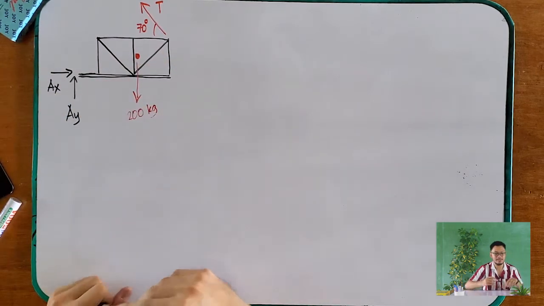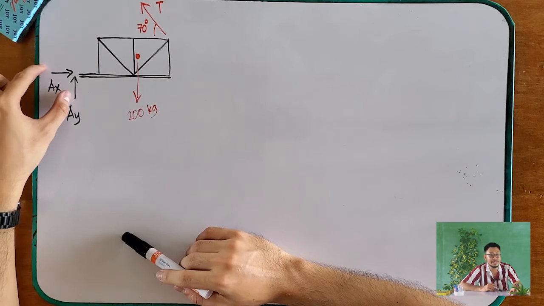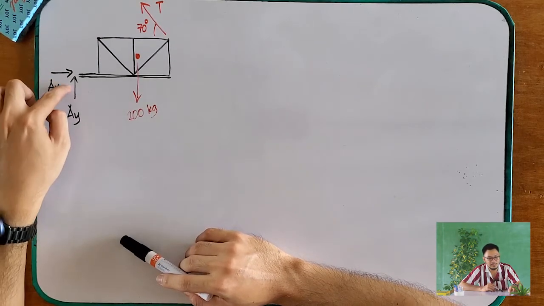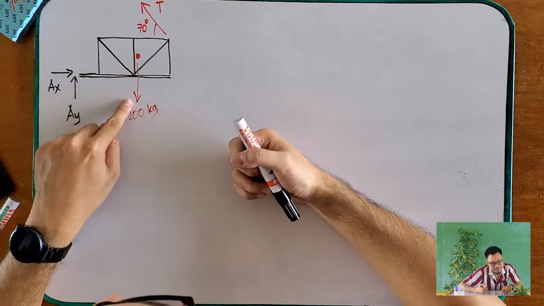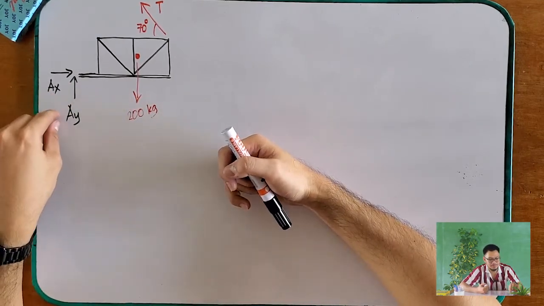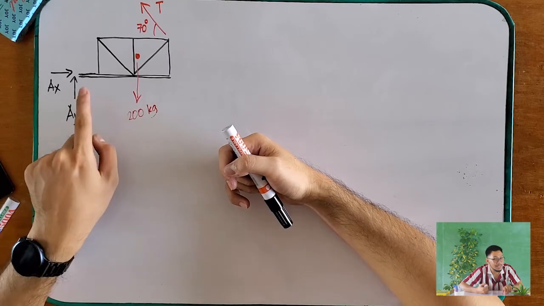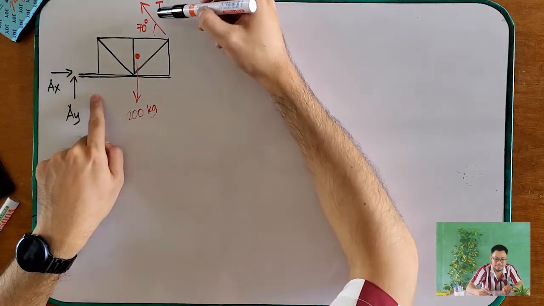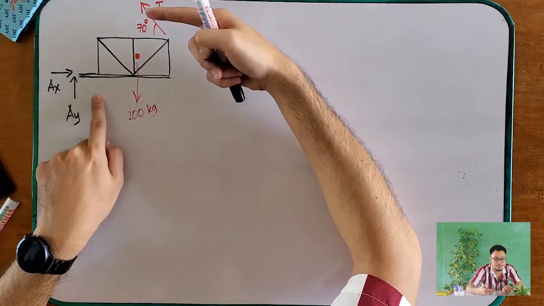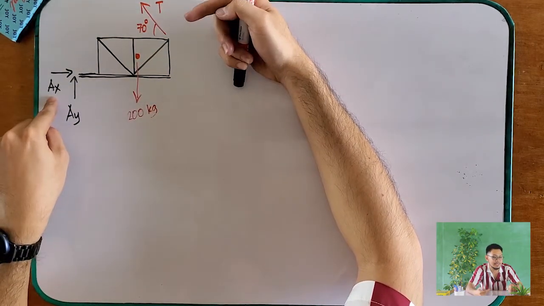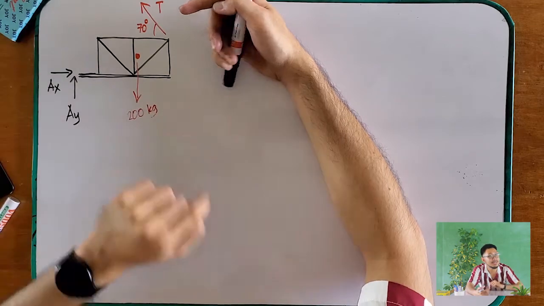And again, take note, I'm just assuming the direction. Since our 200 kilograms is going downward, to support it our AY should probably be upward. Our T has a component going this way, so our AX should probably resist it in the opposite direction.